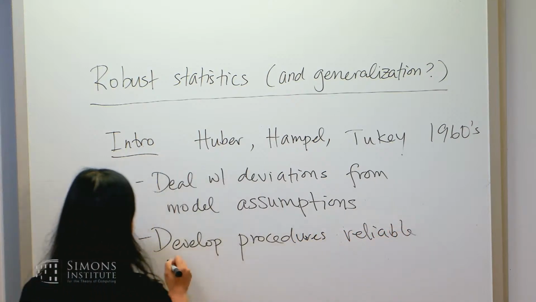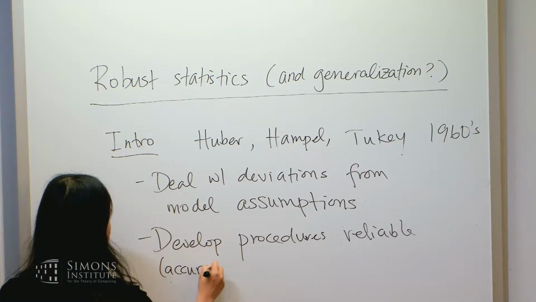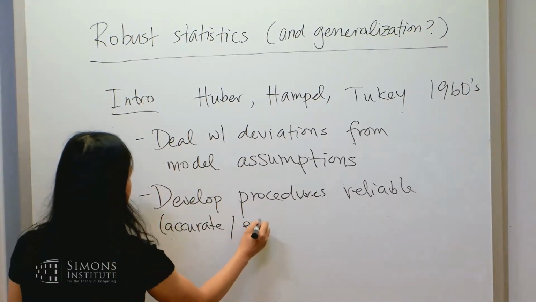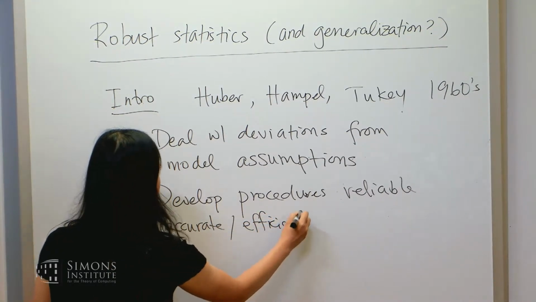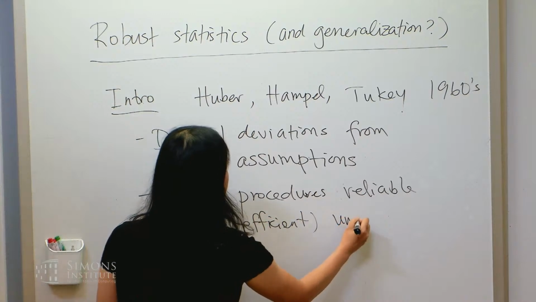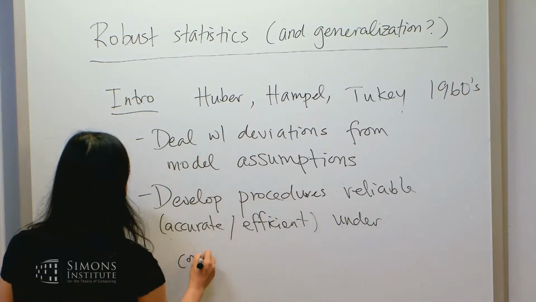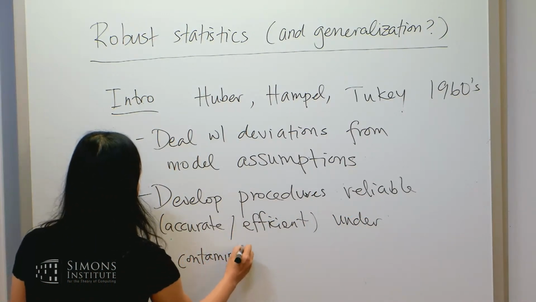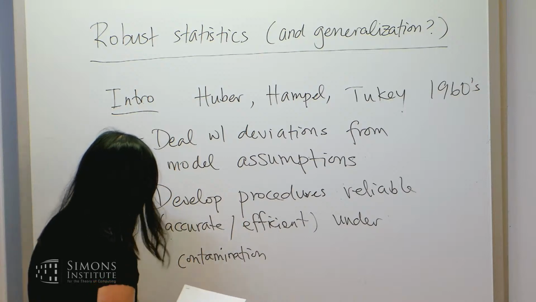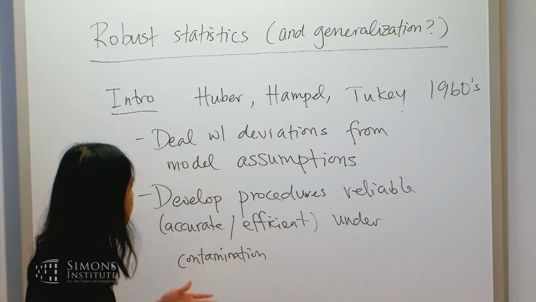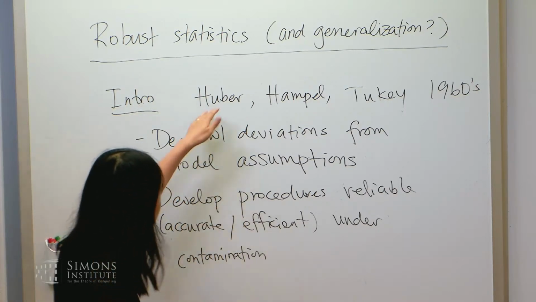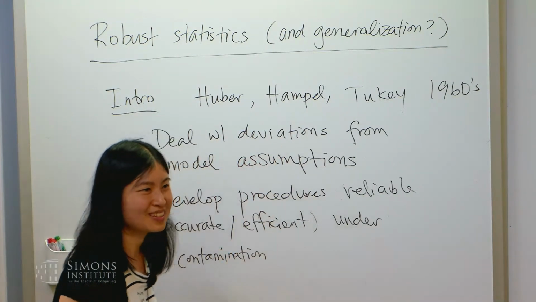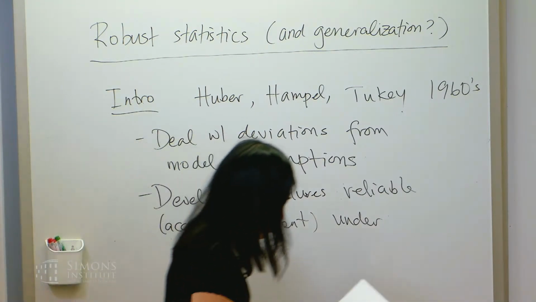And reliable could be in terms of accuracy or efficiency under contamination. If you want some references on the classical stuff I'll go through, just search for these people and their textbooks, and you'll find lots and lots of information.